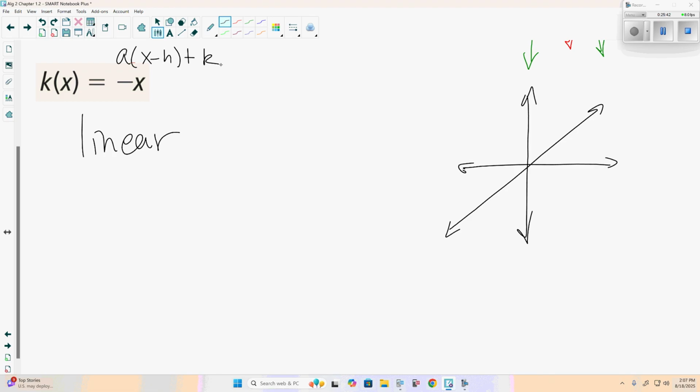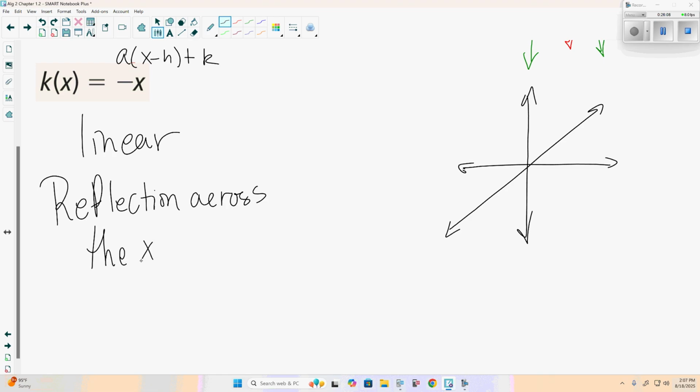There's nothing being added to the end of it, so there is no k. There are no parentheses, so there is no h. The only thing we have different from our parent function is that negative in front of the x, which is our a value. Since the a value is negative, it's going to be a reflection across the x-axis. That's it.